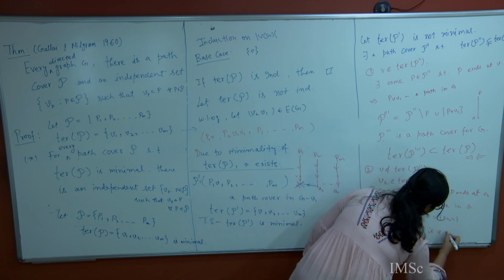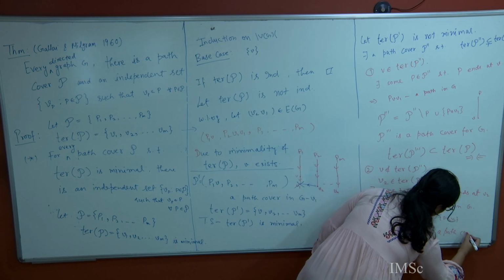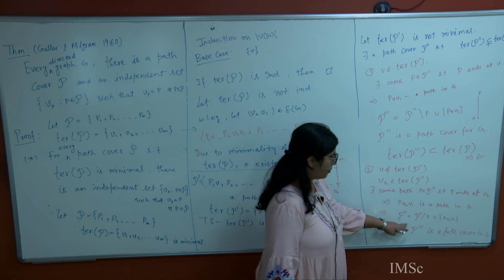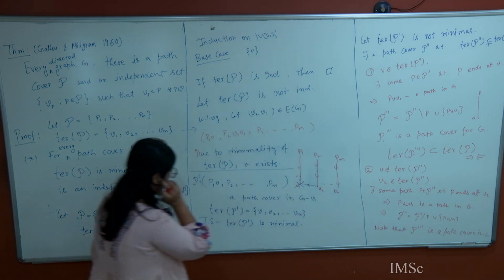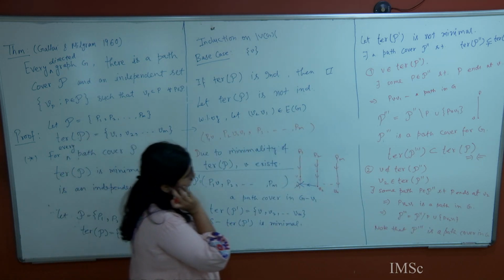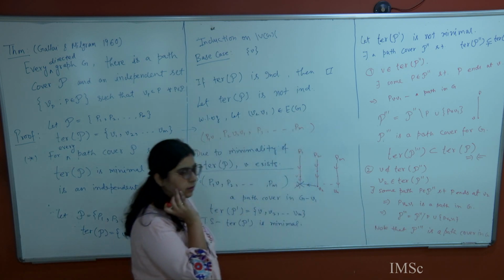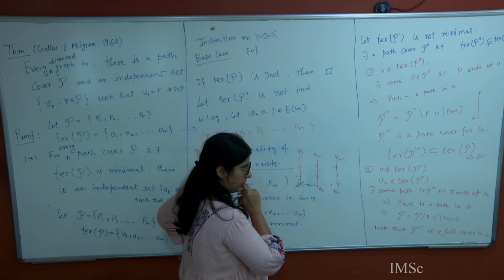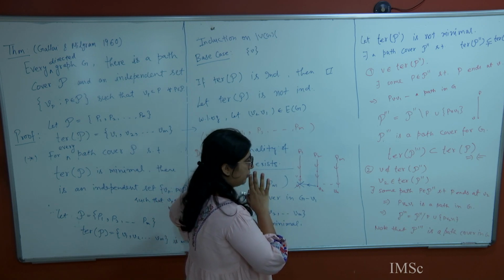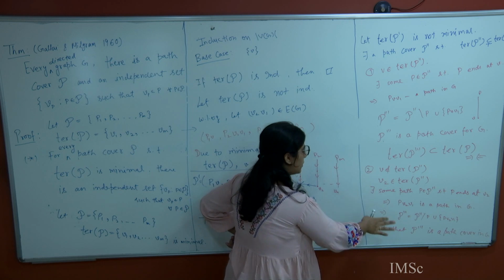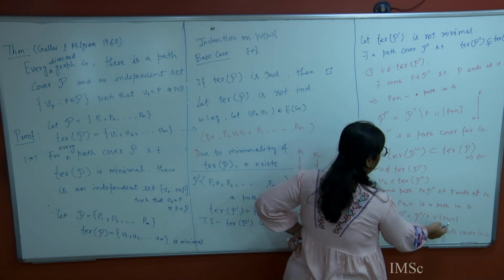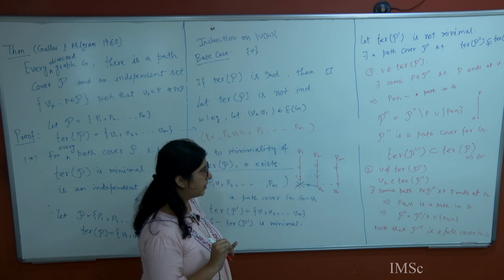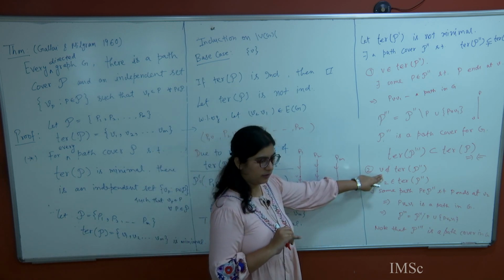It is a path cover in G. Again we got some path cover. Now what about its terminal set? V2 is not there now because we have removed P, and V is also not there.